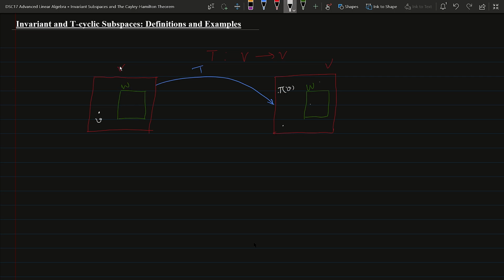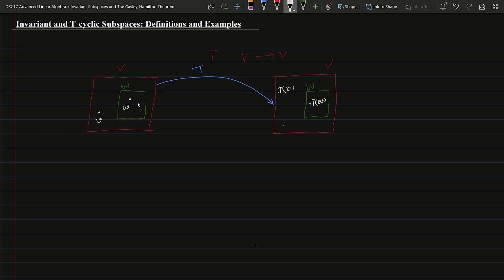Suppose in V we have a subspace W for which, whenever we choose a vector w from W and identify the T image of this element w, it lies in W itself, and the same statement is true for every element of the subspace W, then we call this W a T invariant subspace.